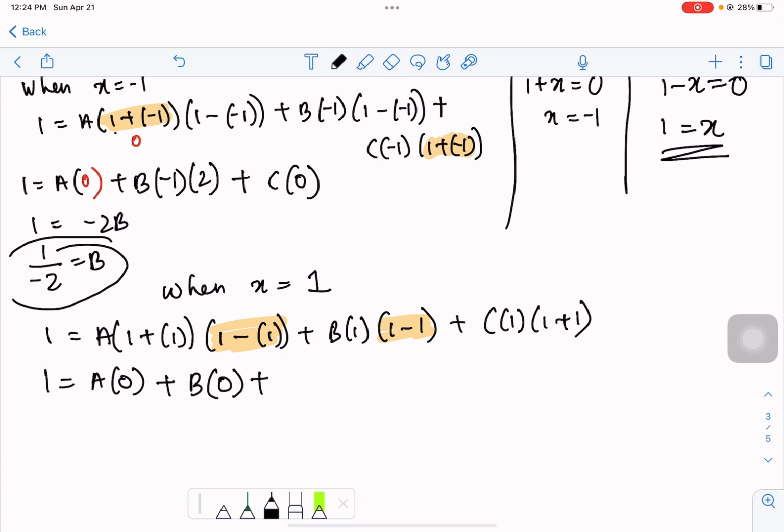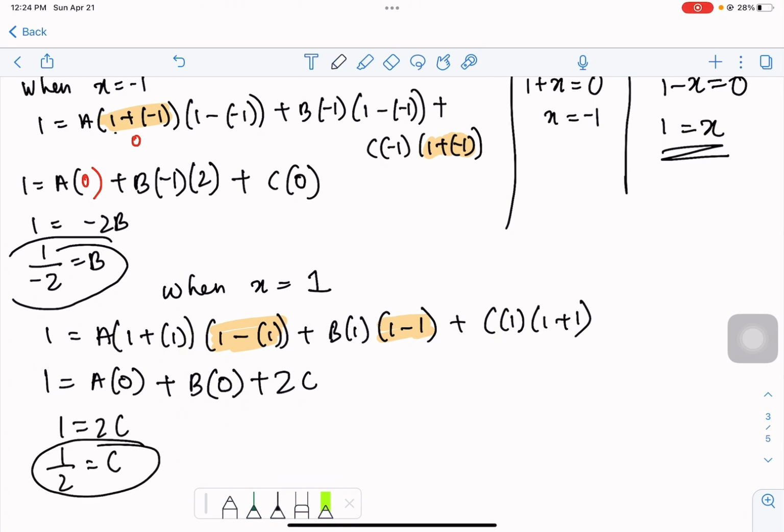Times 0 plus 1 plus 1 is 2, so 2c. 1 equals 2c, so c equals 1 over 2. Right, so we got 2 of the variables.